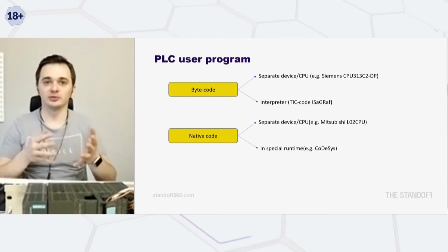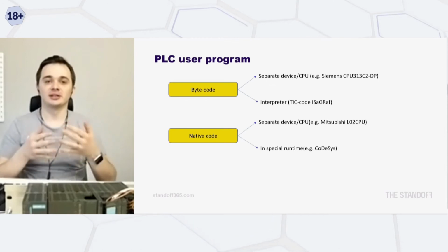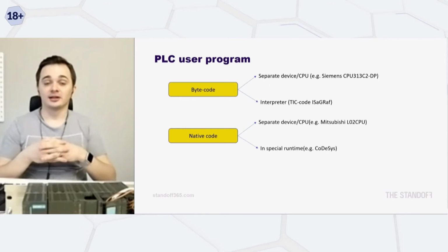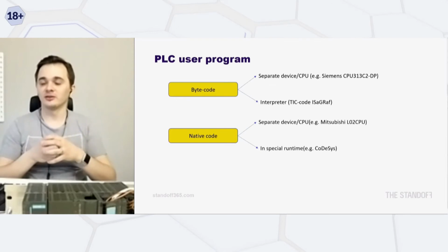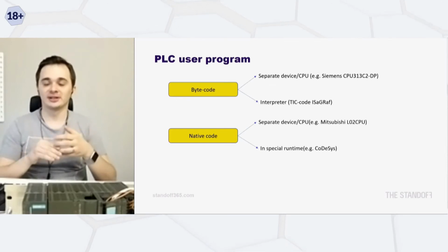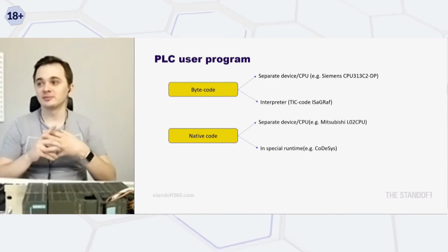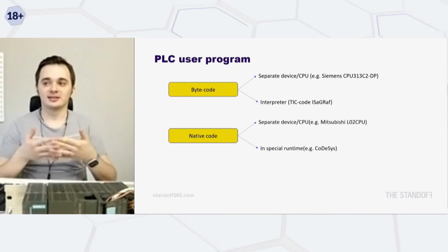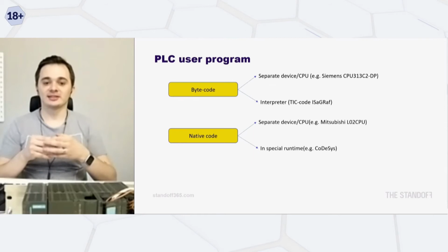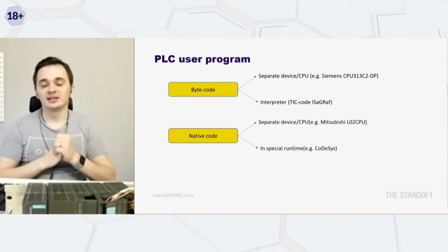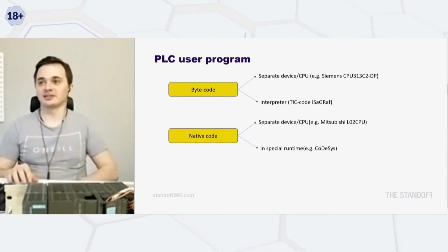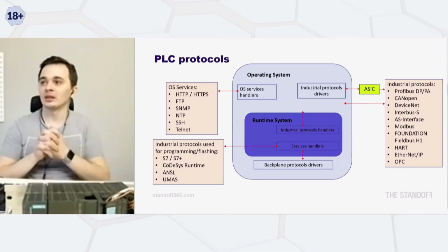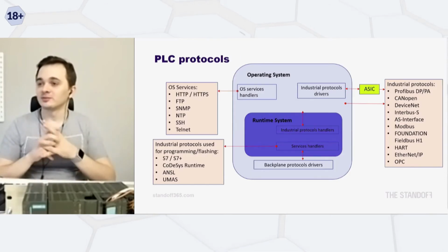We have already seen a case with the Mitsubishi controller. Here I'm referring to a Siemens CPU. The native code, too, can be executed on a special device on a separate processor, or it can be executed in a special runtime, which is what Codesys does. Or it can even be executed on bare metal. That is also possible.